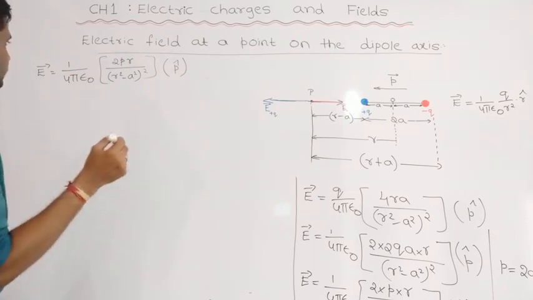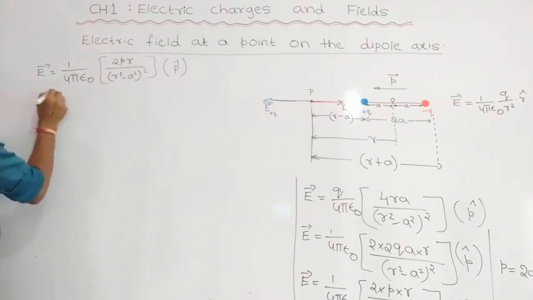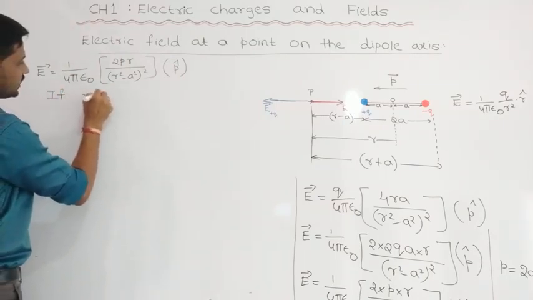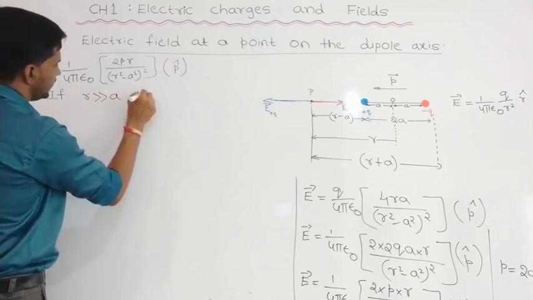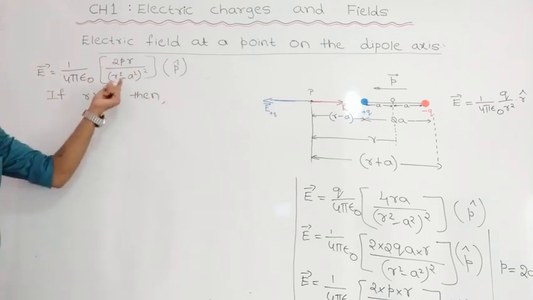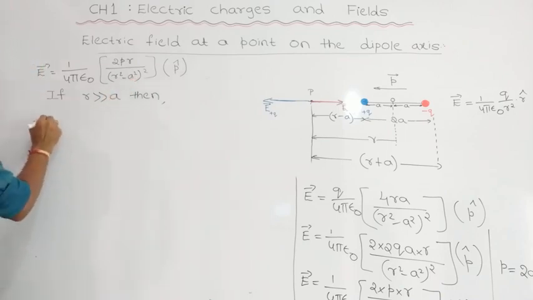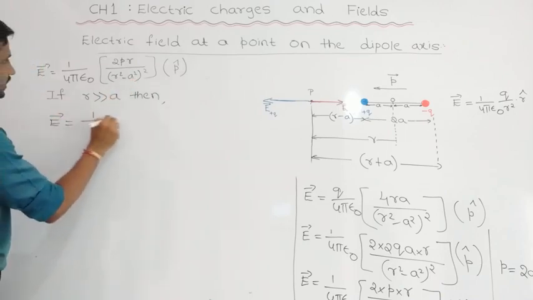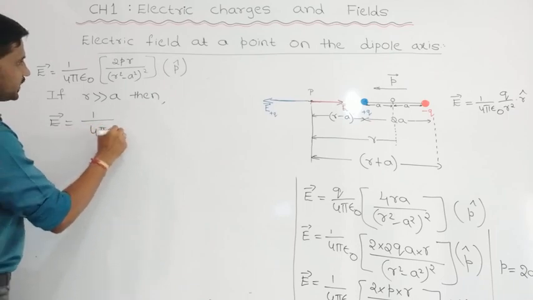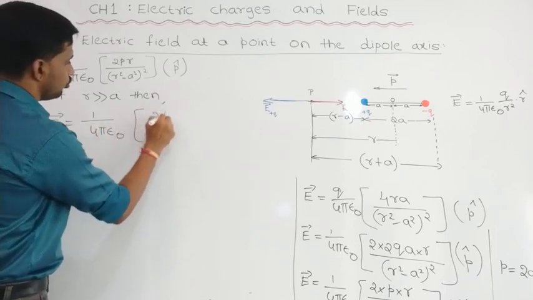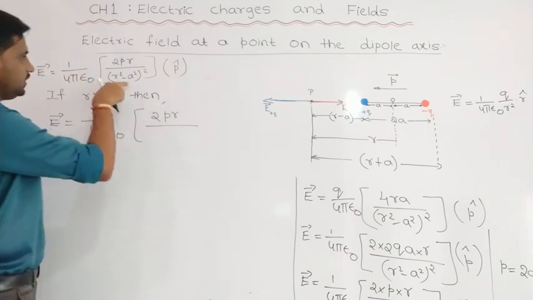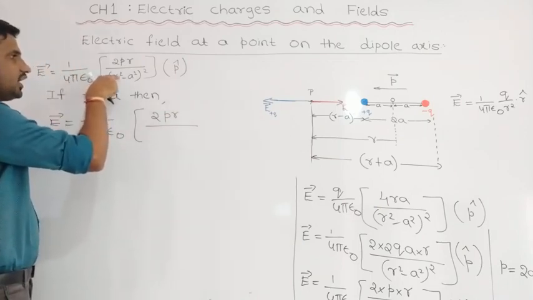Then this equation can be written so: if r is much greater than A, then A is neglected, and the electric field expression becomes E vector is equal to 1 by 4 pi epsilon naught, 2 p r divided by (r square) whole square.